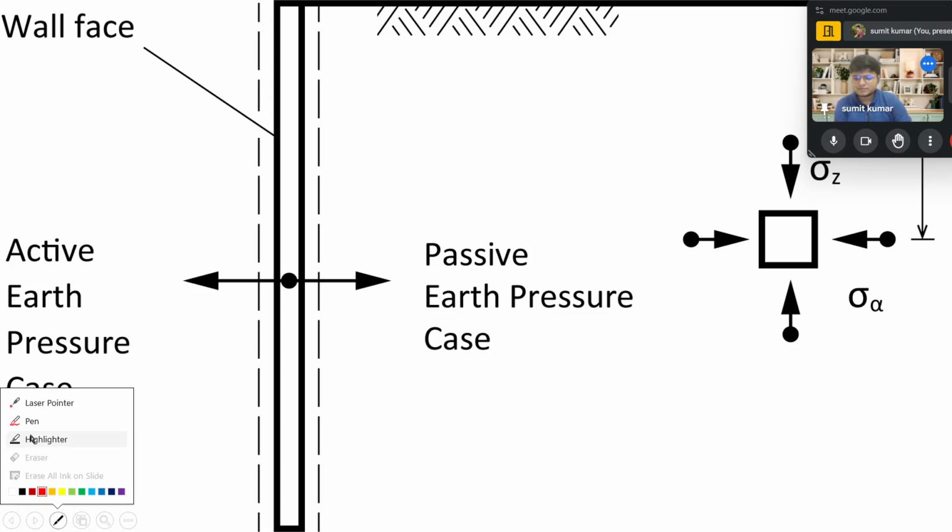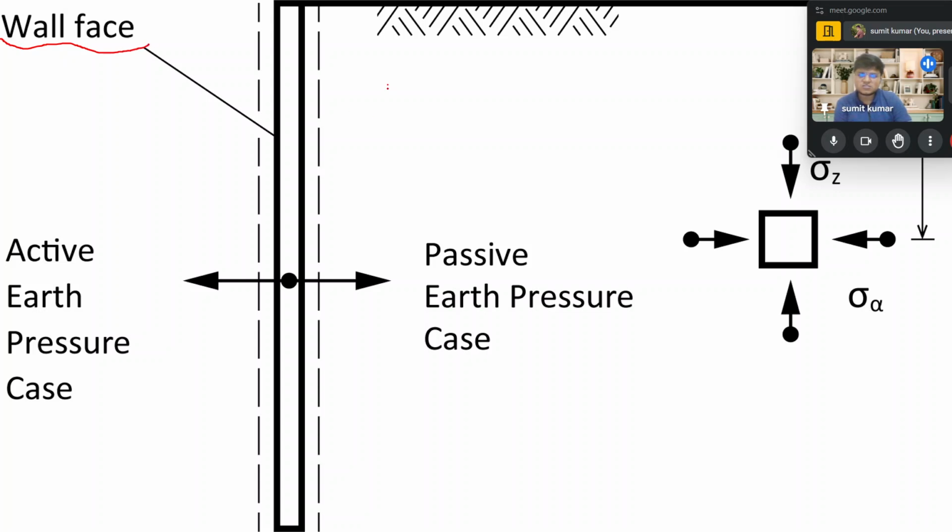See, this wall is drawn over here, the wall is there, and the soil over there is the backfill. I will also write so that afterward, when I provide you the presentation file, what we are discussing is also shared with you.